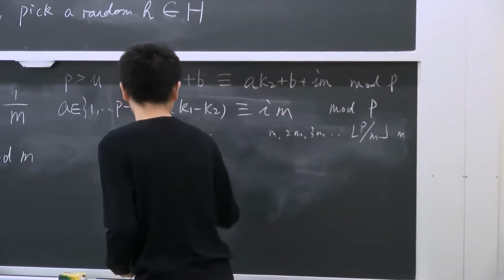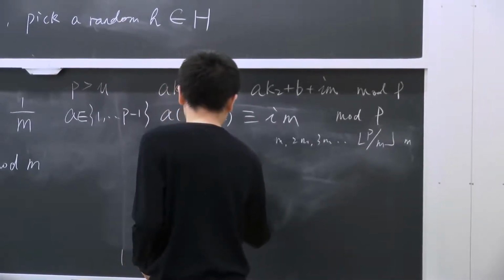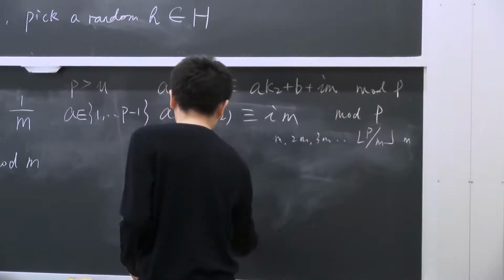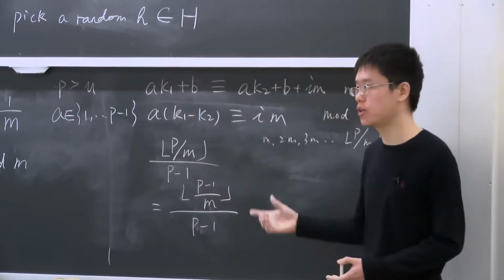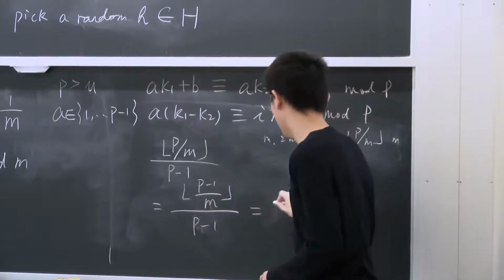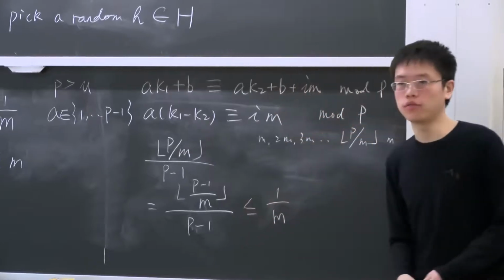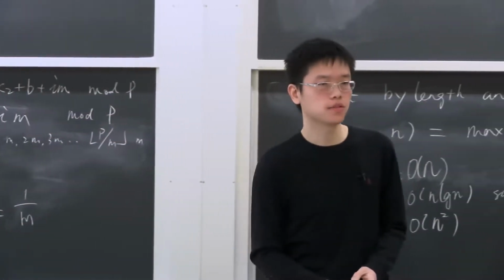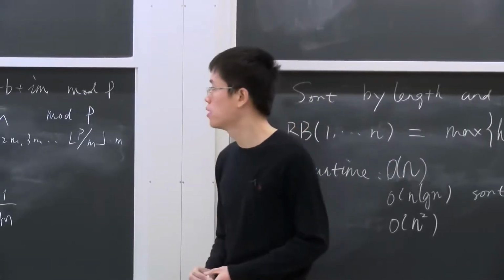If I do that, then in this floor, p and p minus 1 do not cross the boundary of a multiple of m. Then this is true, and this is less than 1 over m. So this is a universal hash function family.